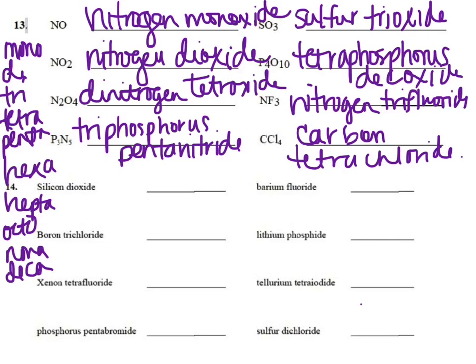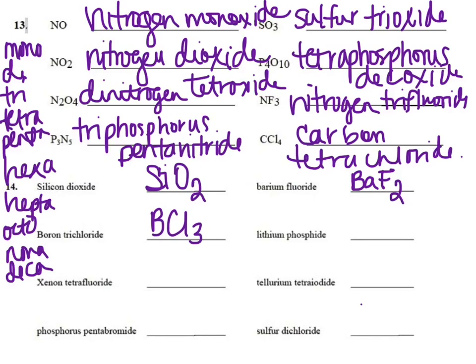All right, so here we just have, real quick, a mix of stuff. Silicon dioxide, what's the formula? SiO2. Barium fluoride would be BaF2, since it's ionic. Boron trichloride would be BCl3.